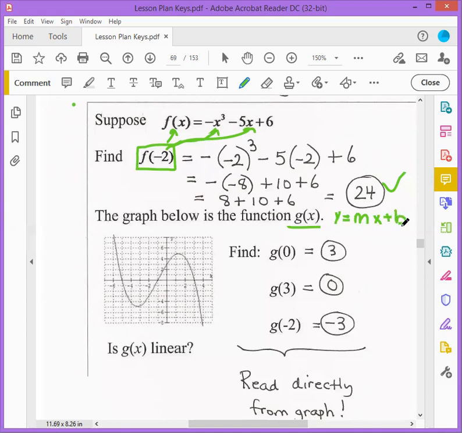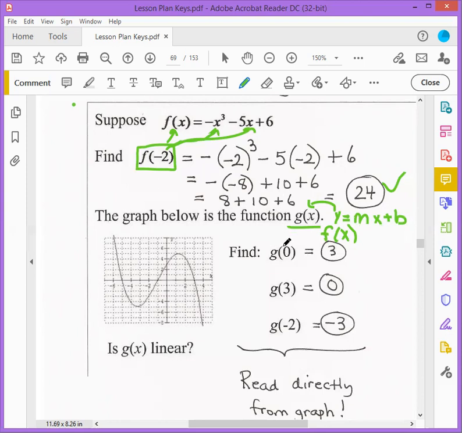This is the linear equation in slope-intercept form, and this g of x is the same as y. Remember, f of x is the same as y, and the same applies if that variable changes from f to g or some other letter.